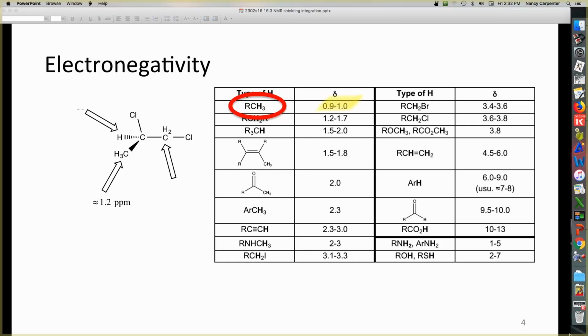Now, what happens when I have a chlorine, an electronegative atom, attached to that CH2? Well, we know very well that chlorine is going to create a bond dipole there that's going to build up a slight positive charge on that carbon. And that means that carbon with the slight positive charge is going to be pulling a little bit of electron density away from that hydrogen, just slightly, ever so slightly. So it's removing that coat of electron density away from that carbon and that hydrogen.